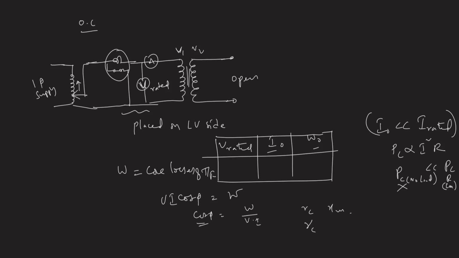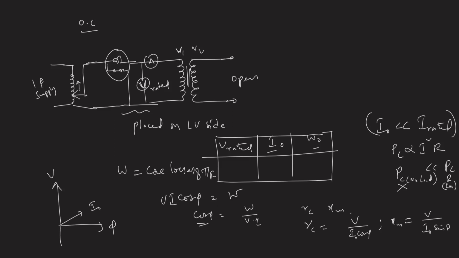RC is equal to V by I naught cos phi, and XM is equal to V by I naught sin phi, because under no load condition we have the phasor diagram like this.